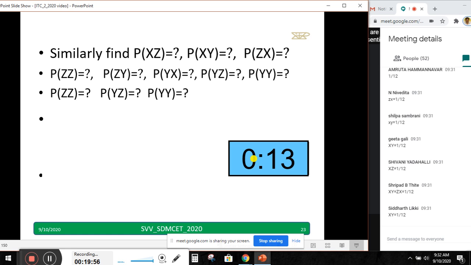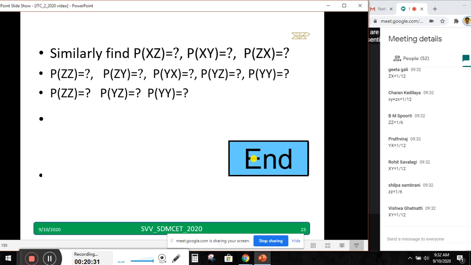Okay, ZX equal to 1 by 12, Sripad told. Ammu, XY equal to 1 by 12. Good. XZ equal to 1 by 12, Simran. Jaya, XY equal to 1 by 12. Ritika, XZ equal to 1 by 12. ZZ equal to 1 by 6, Chaitra Kulkarni. Good, Chaitra. Shilpa, ZZ equal to 1 by 6.